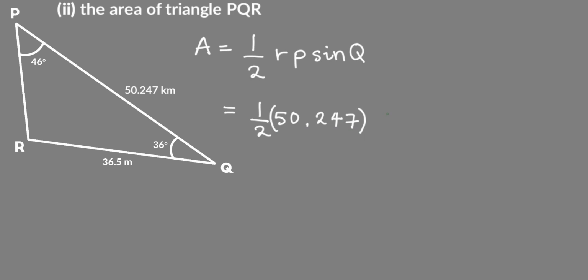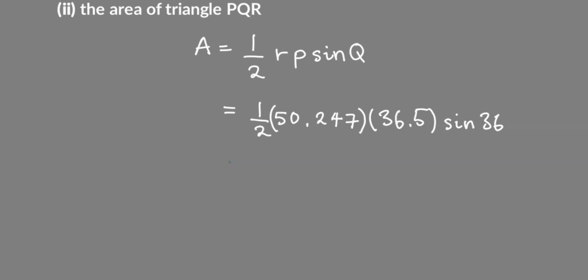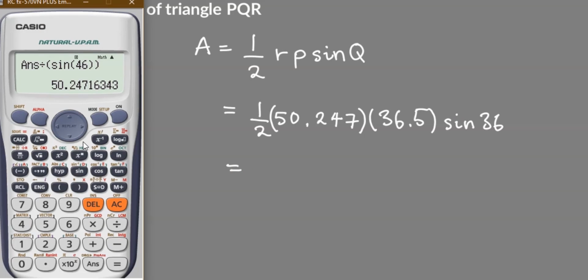The distance R we have is 36.5. And the angle at point Q we have is 36. We still have our distance there. We can just multiply it with the 36.5 and sine 36.